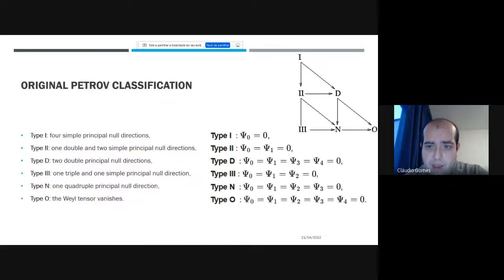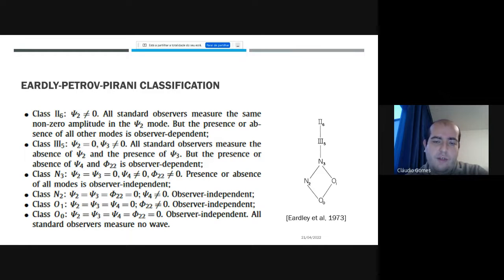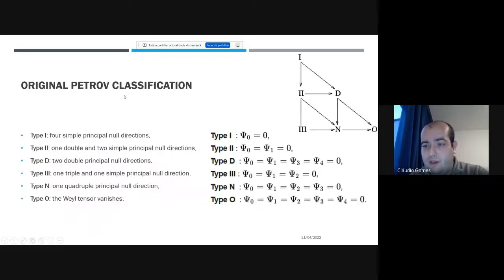These are more abstract ways of classifying, but we will see these in detail for specific cases in order to get some insight on what I mean by this classification. And of course this classification by Eardley was based on the Petrov-Pirani classification, which is a more general one.